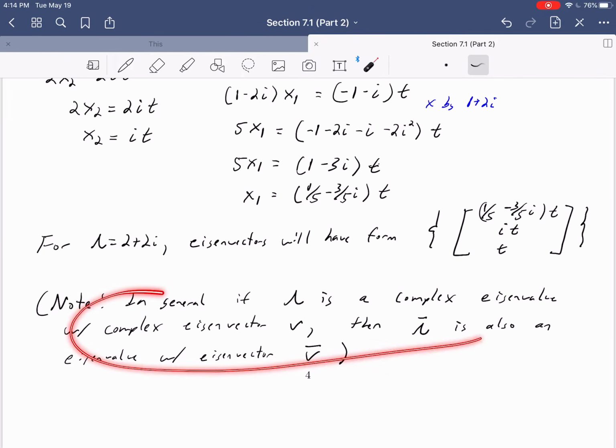So this is true in general anytime we're working with complex eigenvalues and complex eigenvectors. So in our next video, which will be wrapping up section 7.1, we'll look at a couple cases of what happens when we don't have an equal amount of eigenvalues to the size of the matrix.